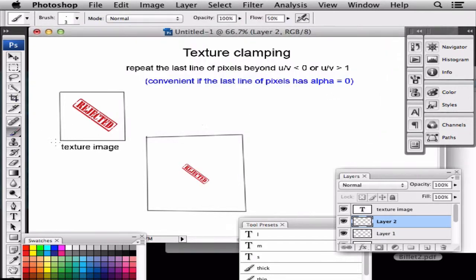And I'll sketch what is happening in UV space. That's a bit off. Try again. So maybe 1, 2, -1.